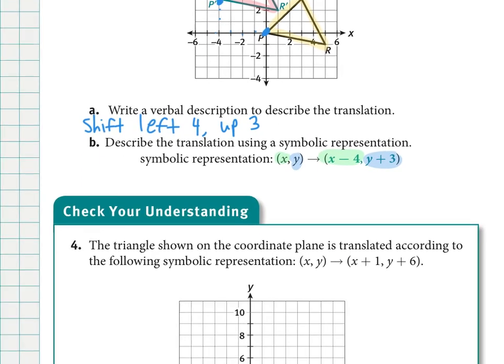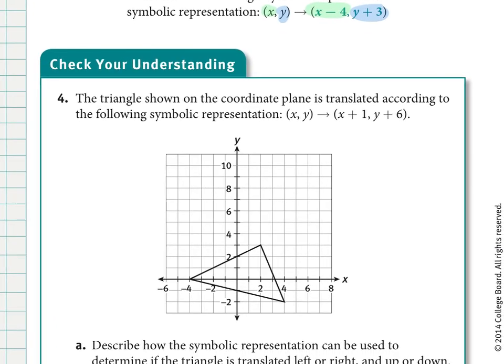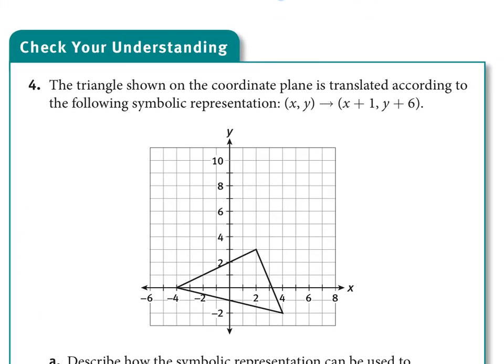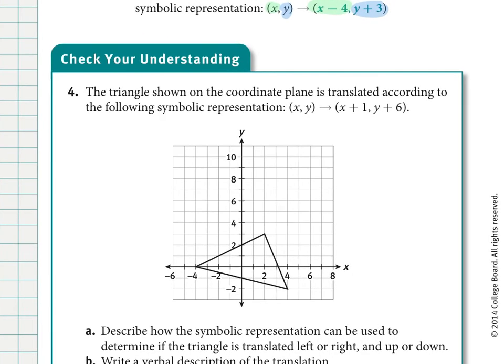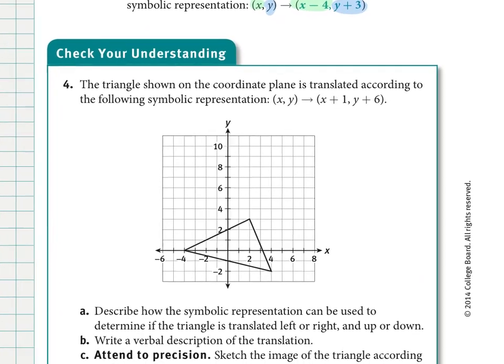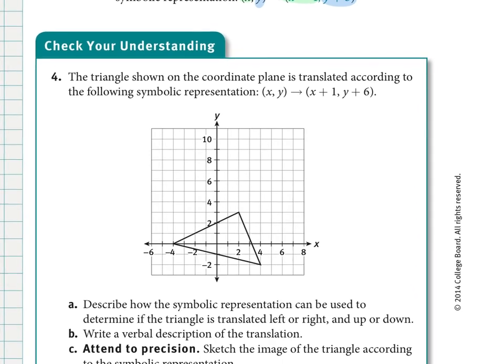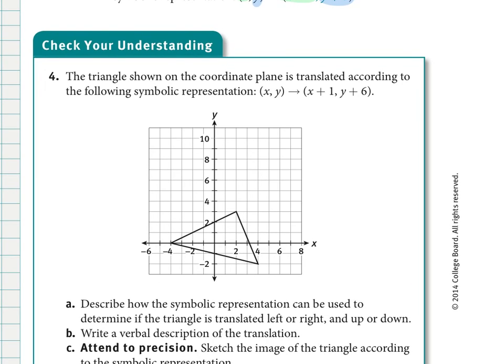Okay, let's walk through one last example. Let's say they give us a triangle, and it's shown on the coordinate plane. It's translated according to the following symbolic representation. Let's do two things. Let's describe how the symbolic representation can be used to determine if the triangle is translated left, right, up, or down.